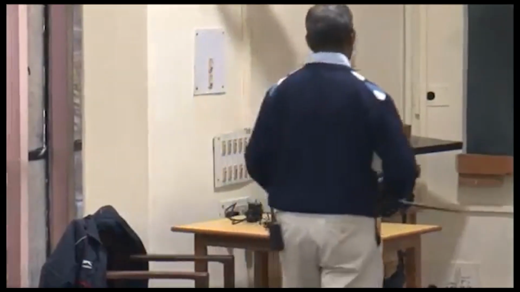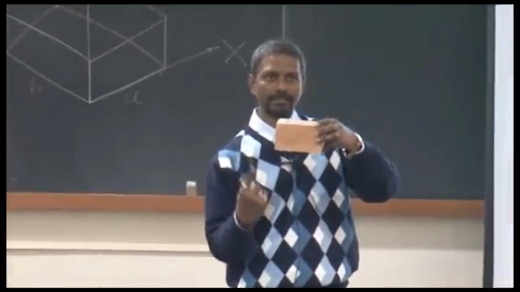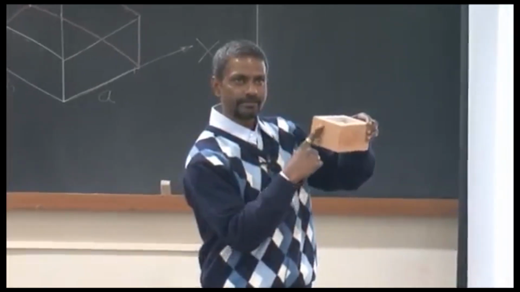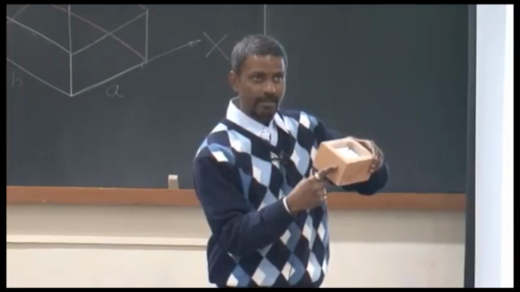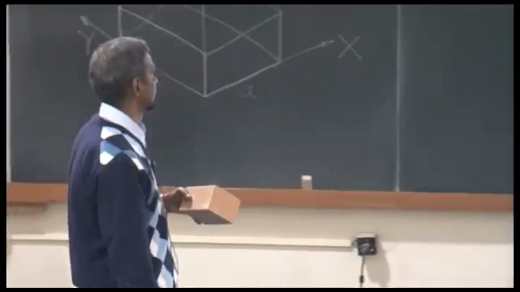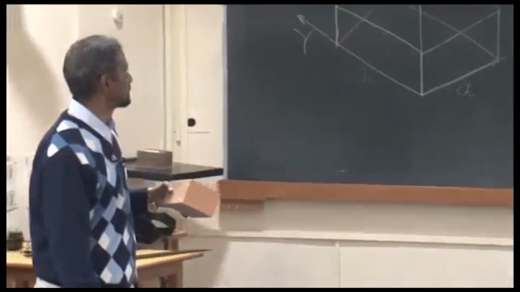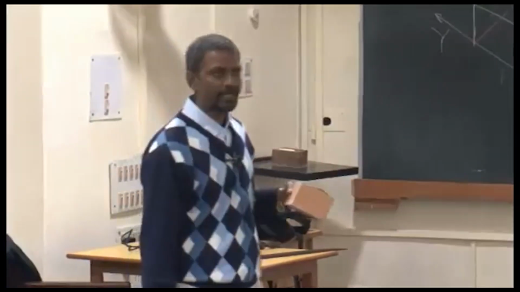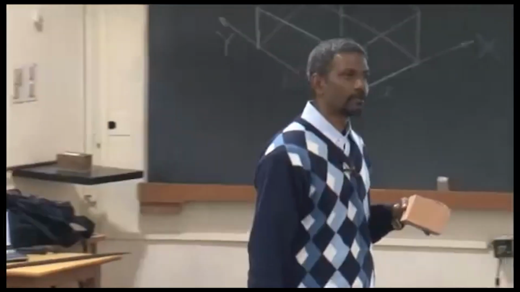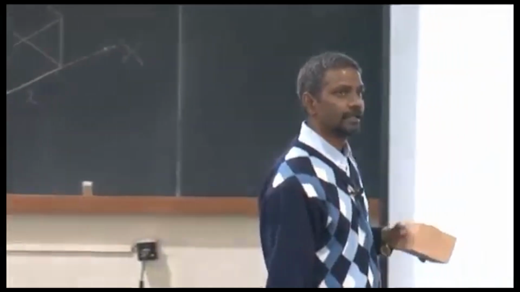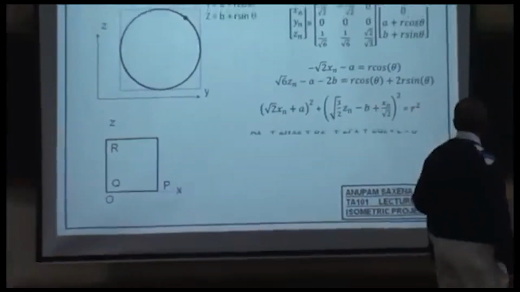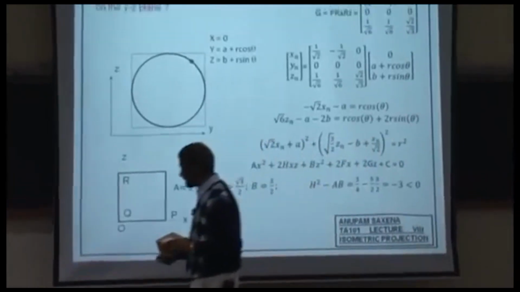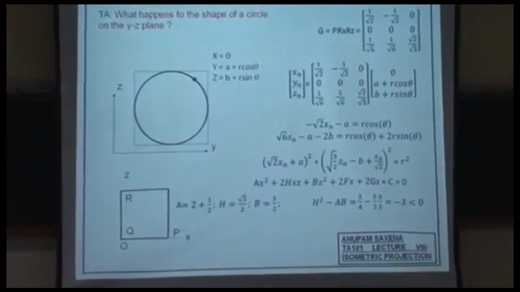Same thing, the circle is on the YZ plane, the X direction, the Y direction, the Z direction. The circle is here, ellipse, do the same exercise. If it's on the YZ plane, your Y coordinate will be non-zero, your Z coordinate will be non-zero. Do the same exercise, and you'll find that your litmus test holds.